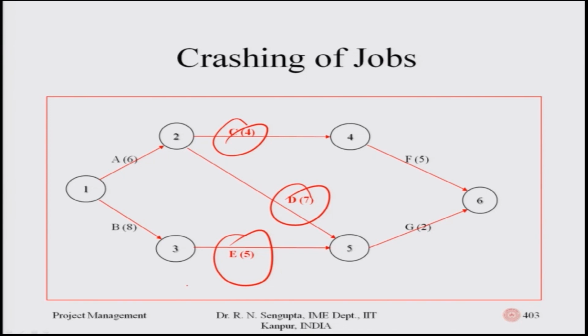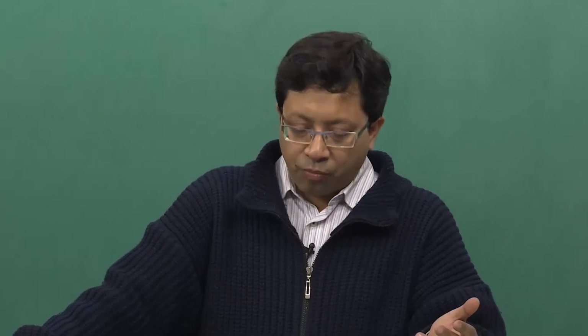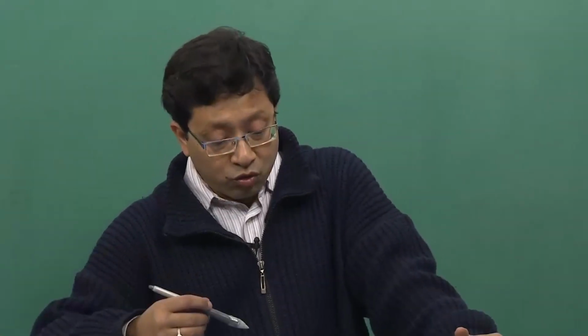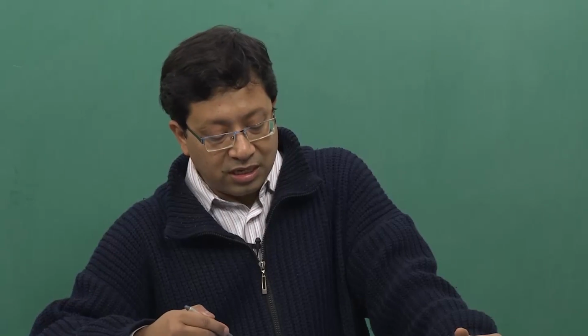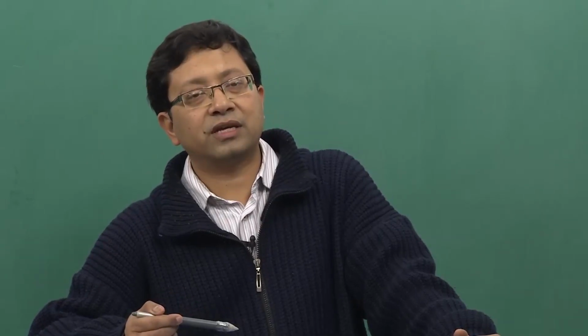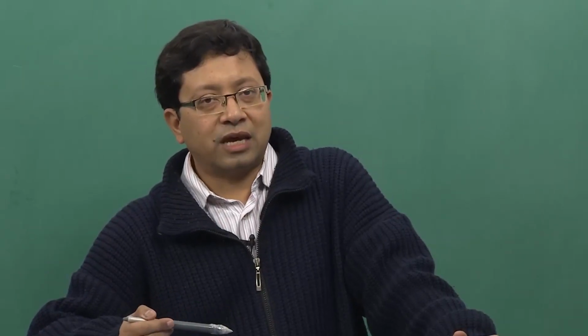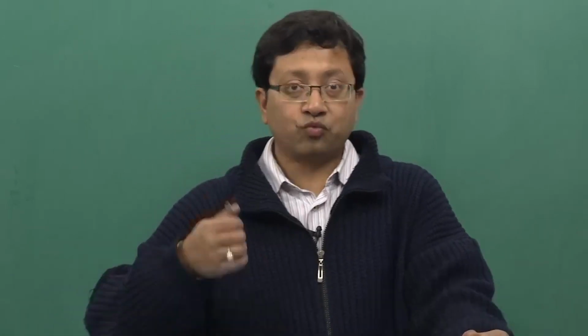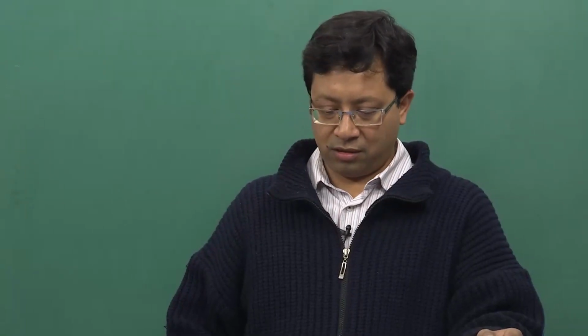Now, you may be thinking, why did I take C, D and E at one go? I could have considered only C, but the point is that all of them are now critical. Before you took part of C, D, E, if you remember, the path lengths were 16 for all of them. Let me go back again to the slide.